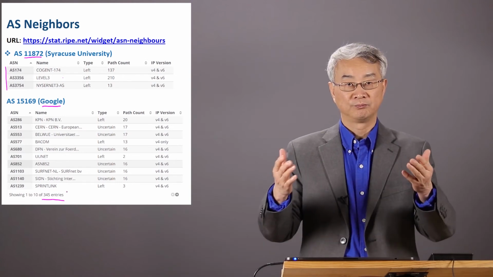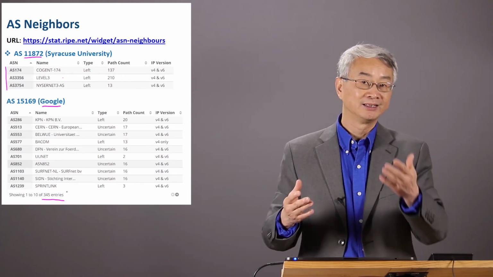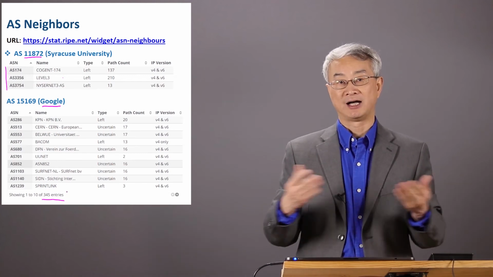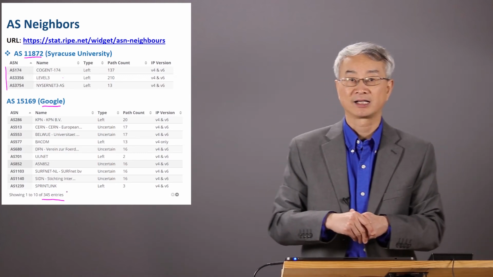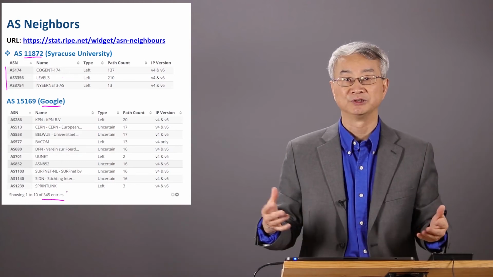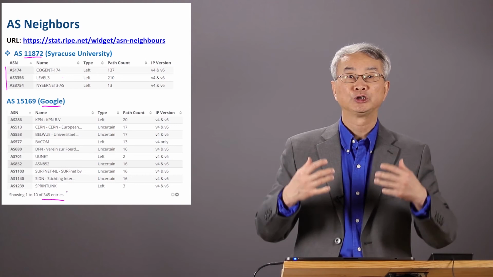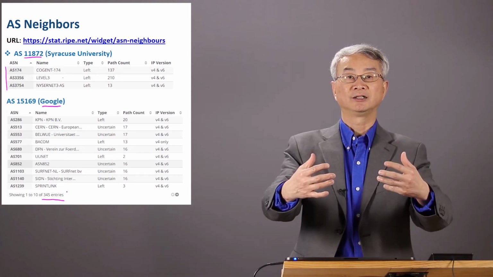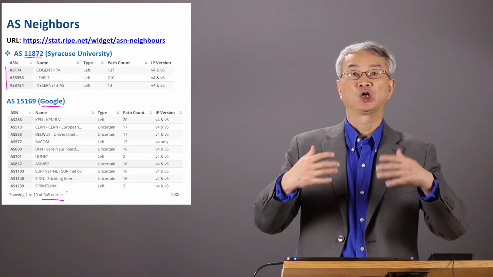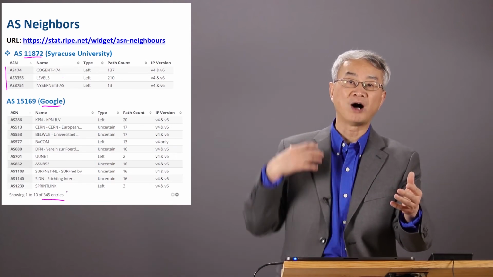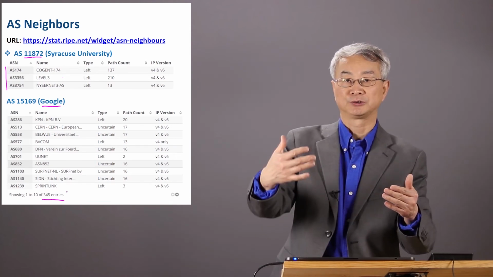Some content delivery networks, CDNs, use these techniques. For example, Akamai. I looked at Akamai, and it also has more than 300 peers. Because Akamai is trying to push your content closer. They are a third-party company. If you have content, you want your content to get closer to the customer.